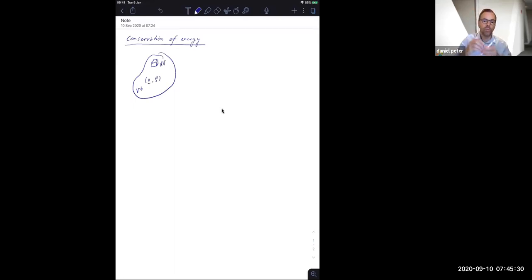So the body can move, it can even move in different directions if it's an elastic body, etc. So that's the velocity field v. And then we also have the surface of the body, which we denote as sigma. And t always means it's time dependent, so the body can change its shape.